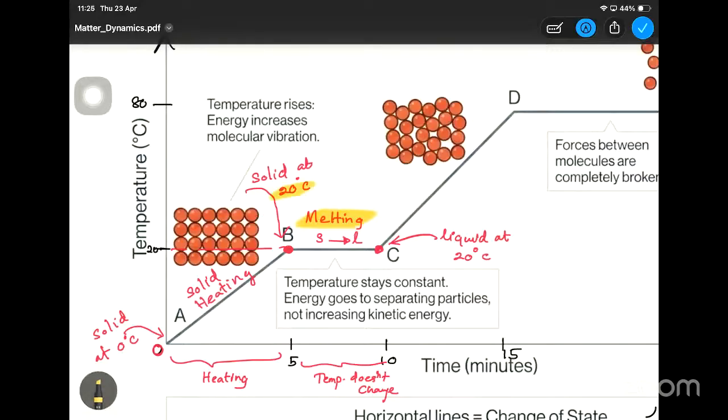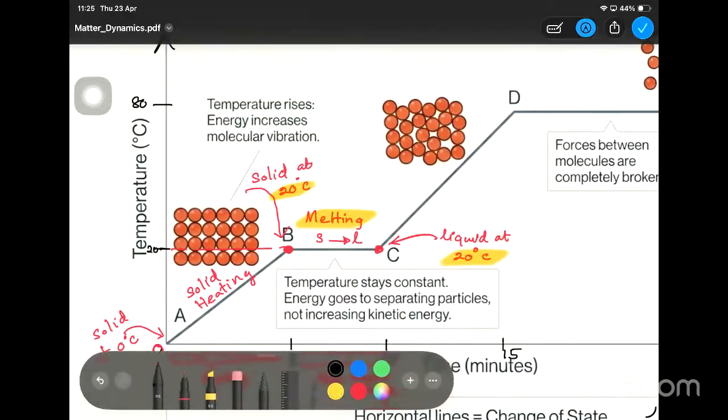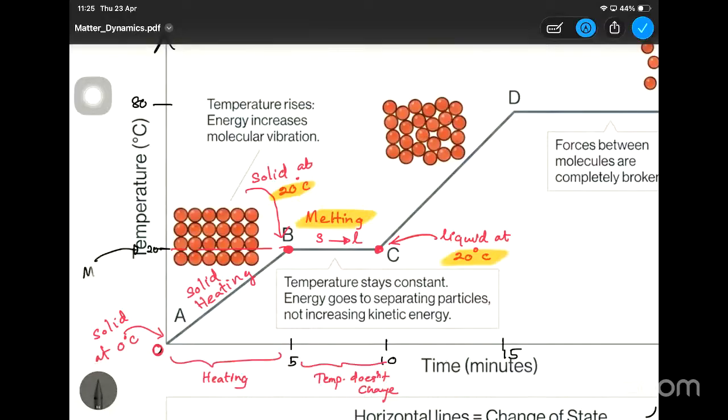No. Here you have solid at 20 Celsius, it starts melting, and you get a liquid which is also at 20 Celsius. So this specific temperature, 20, will be the melting point for that specific solid.